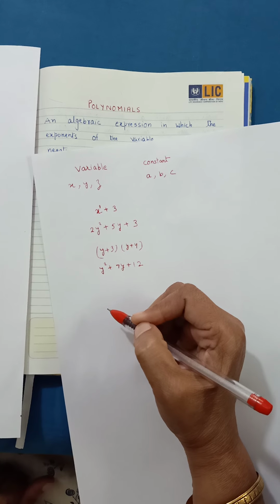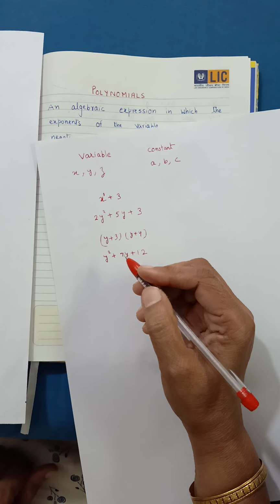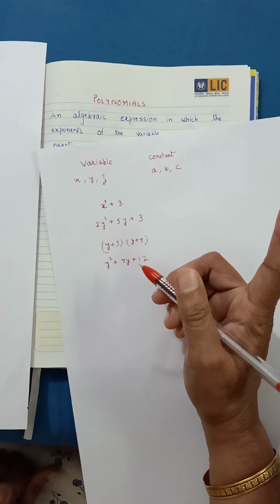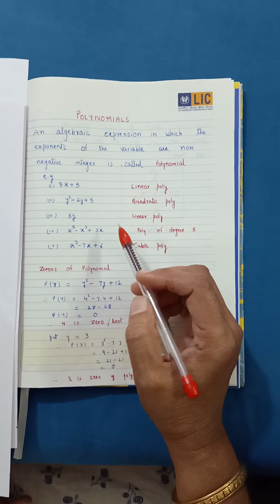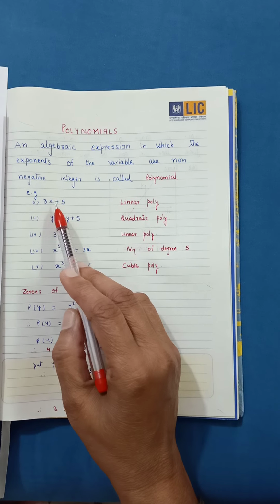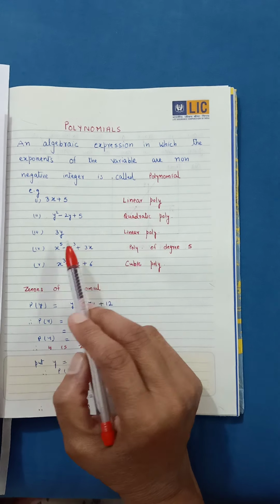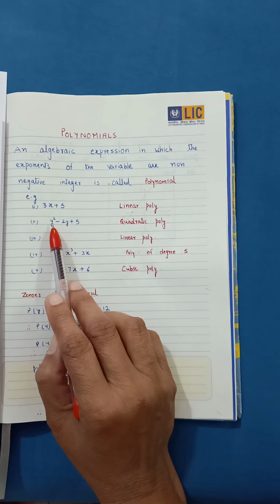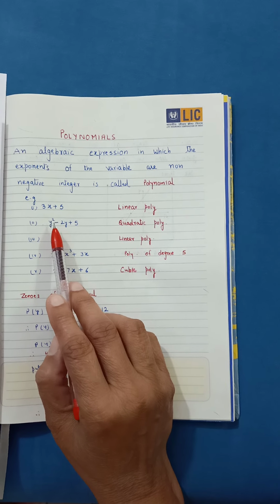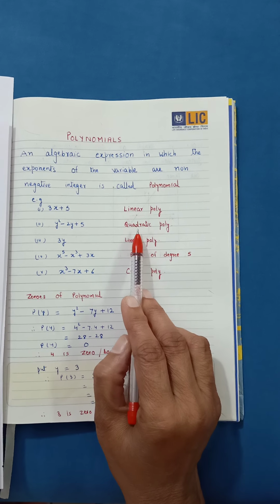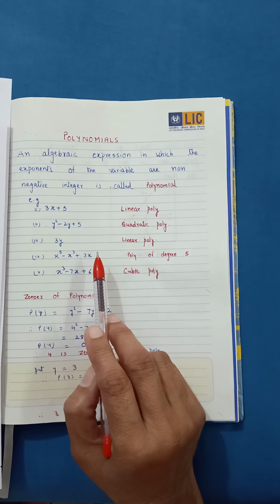Now we can identify polynomials on the basis of their degree. If the degree is 1, it is called a linear polynomial. For example, 3x plus 5, degree is 1, hence it is called a linear polynomial. y square minus 2y plus 5, maximum power is 2, it means degree is 2. And if the degree is 2, it is called a quadratic polynomial.